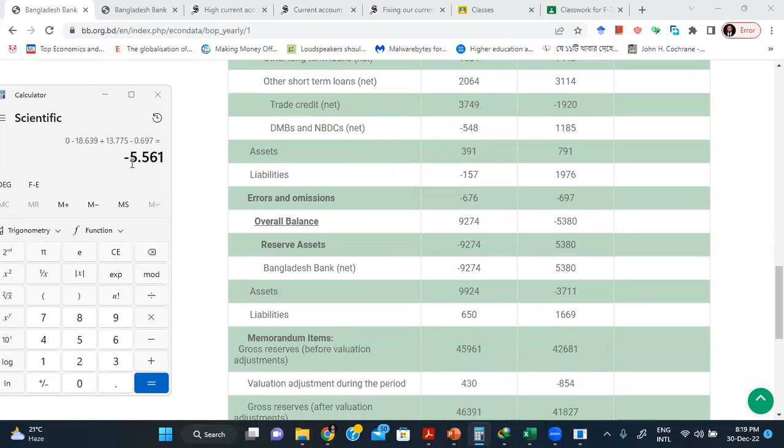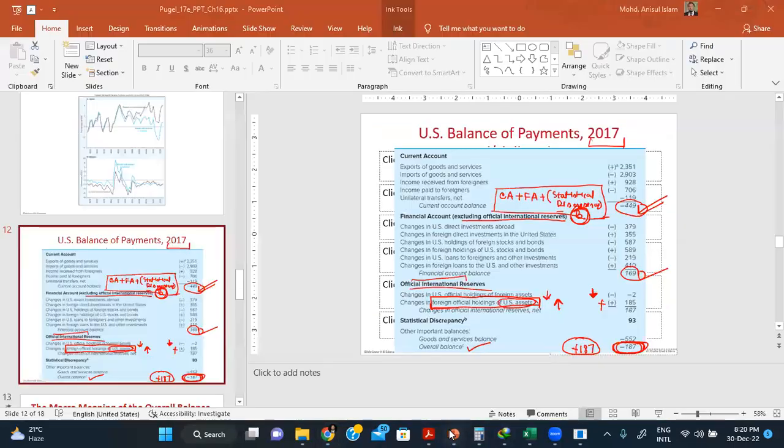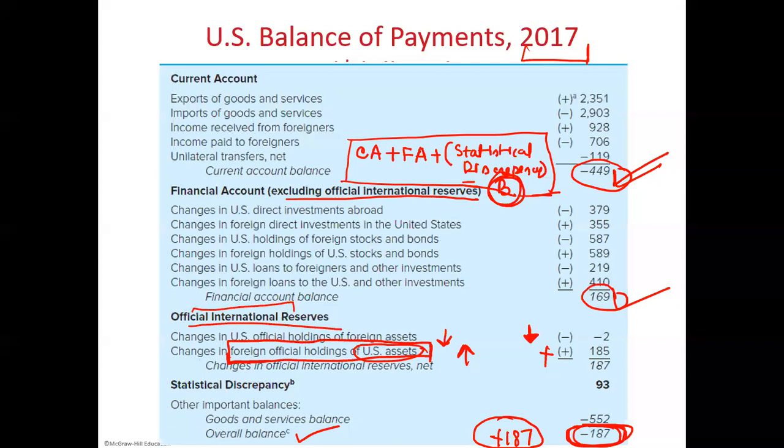Similarly, we should expect the opposite of this to be the increase in the official international reserve. That is only achievable if we can increase the foreigners' holding of our assets, and decrease our holdings of foreign assets. This is a little bit confusing if you are not concentrated, but if you think very slowly, you can get all these meanings.